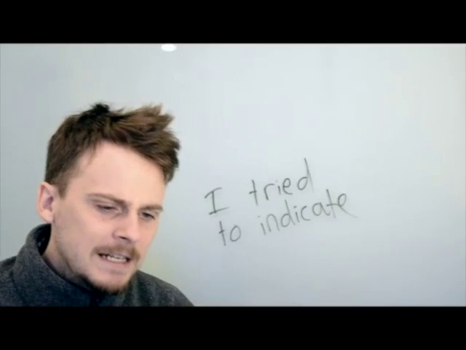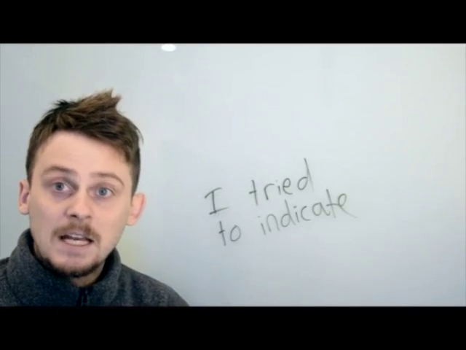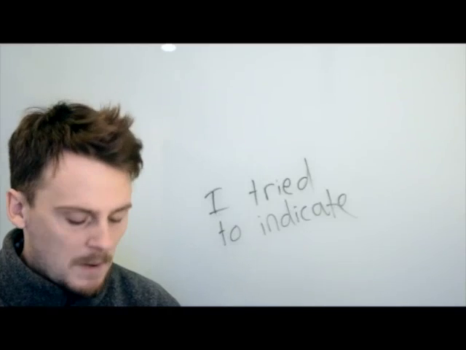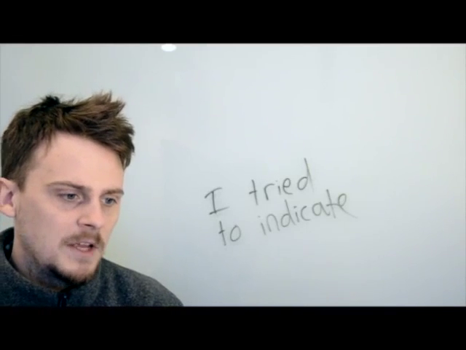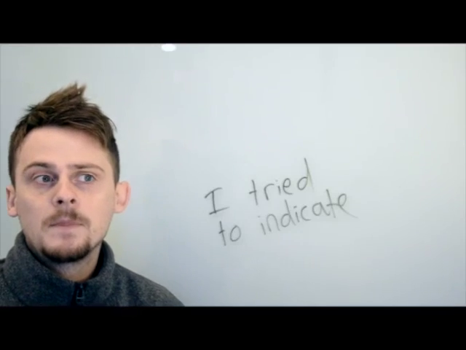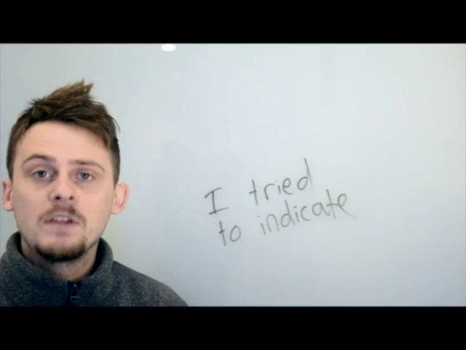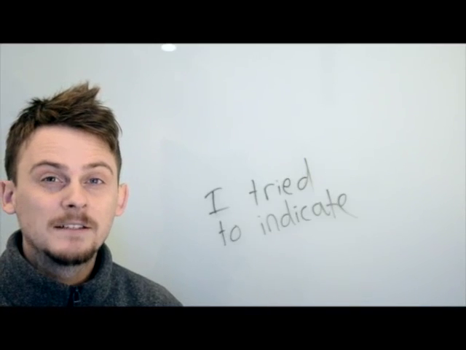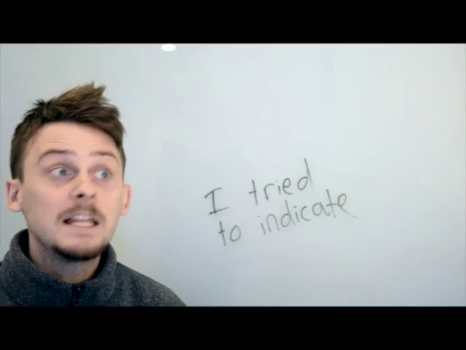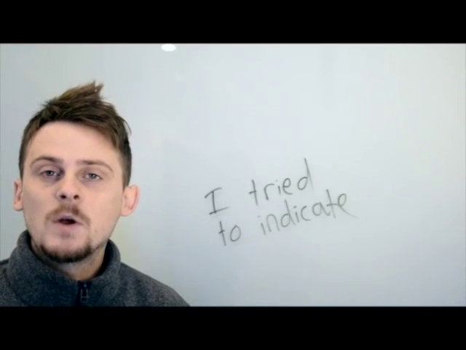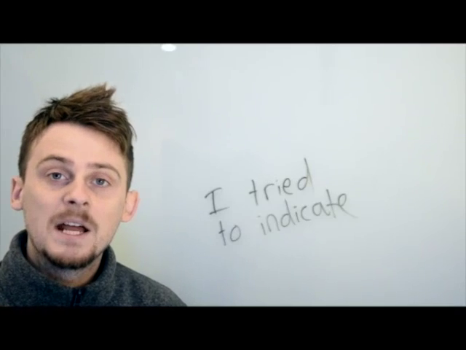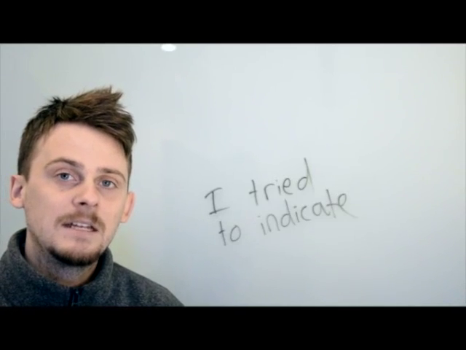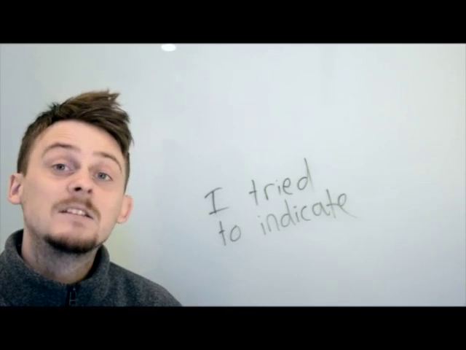And I didn't say directly that I will help you. But maybe I said something like, well, I'm very good at doing this. And that thing that I said I'm good at will help you. I didn't say, let me help you, though. So I didn't say it directly, but I did indicate it. Indicate it means I suggested it.